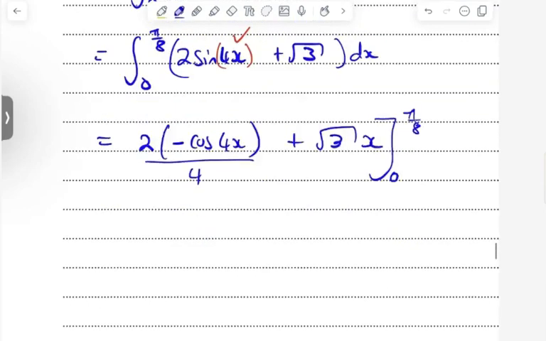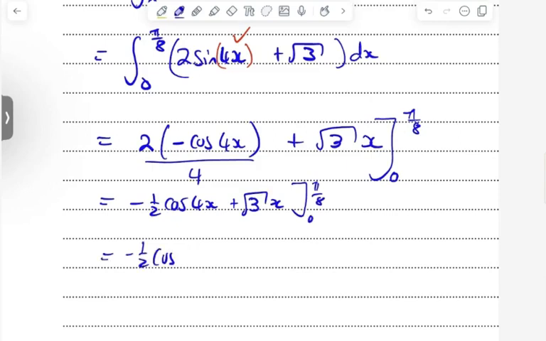It's a definite integral, so we're going to plug in our boundary. Okay, I am just taking extra steps here. Okay, so 4 pi divided by 8 is basically pi over 2.